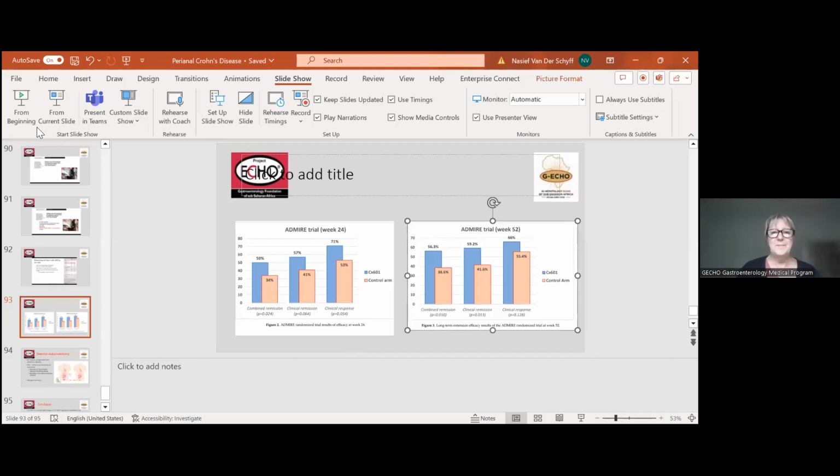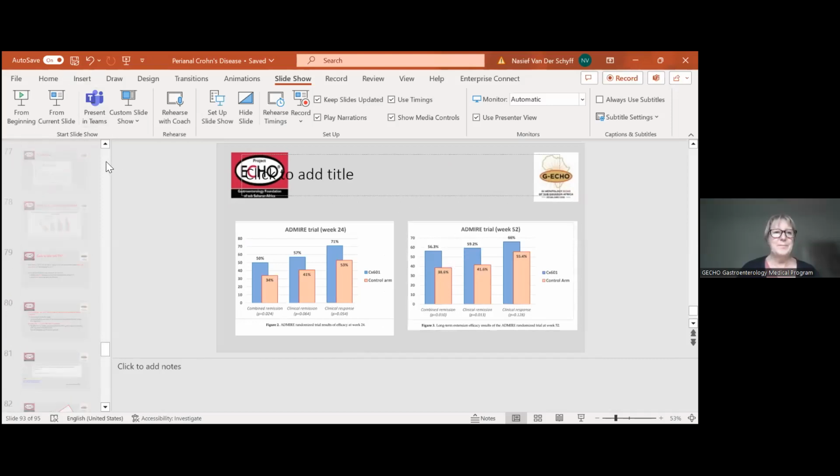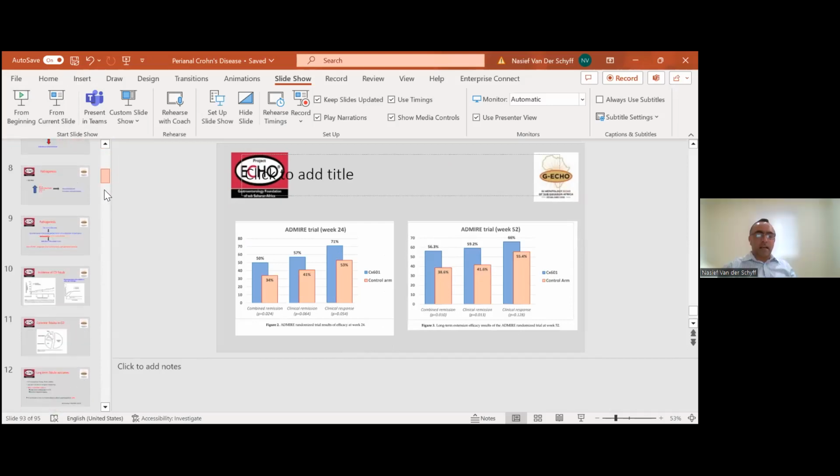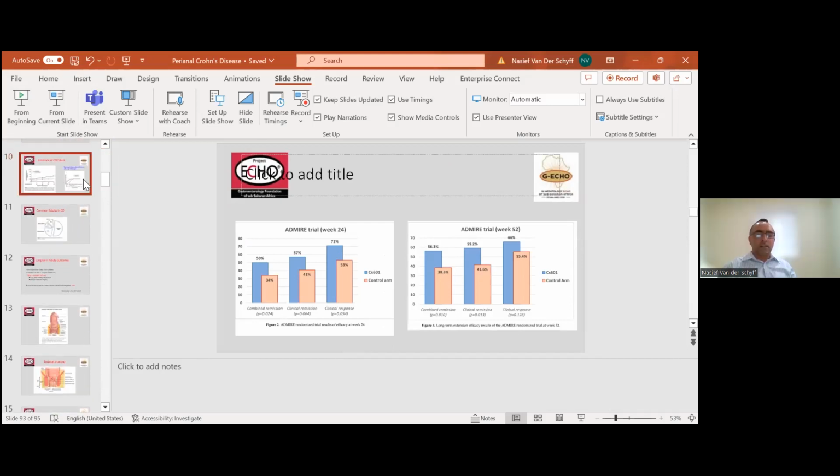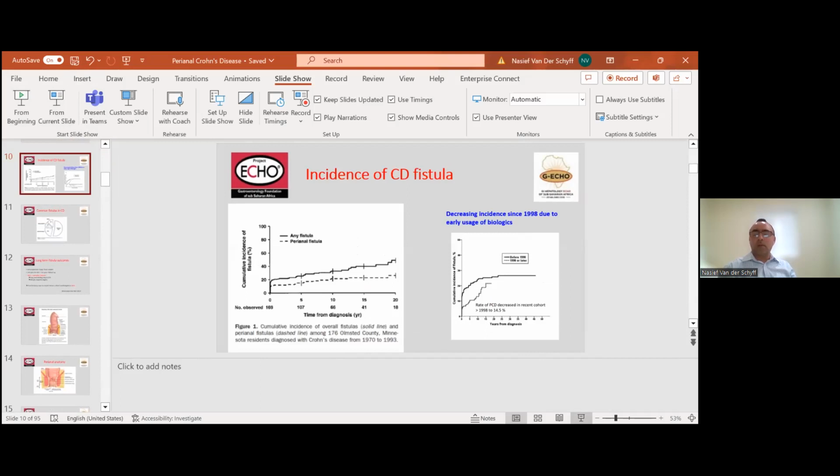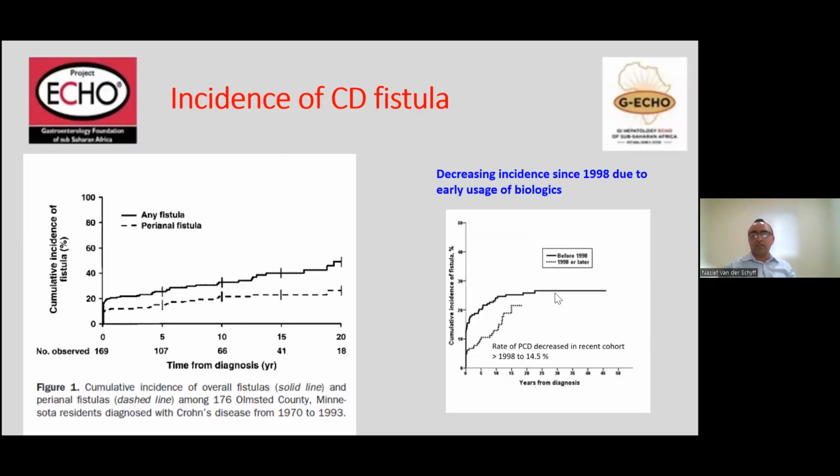We can see it. I just want to show that this recent data has shown that treating Crohn's early with a biologic, this one over here on the right hand side, compared to the top solid graph from the 90s, shows that the rate of peri-anal Crohn's is certainly diminishing through the early treatment of luminal Crohn's disease with biologics.